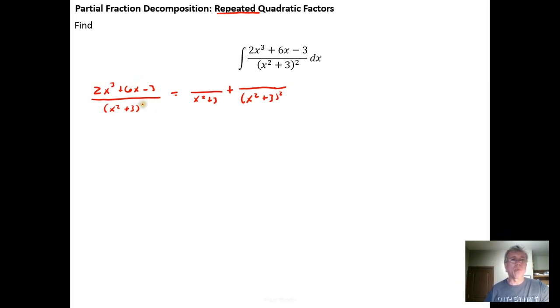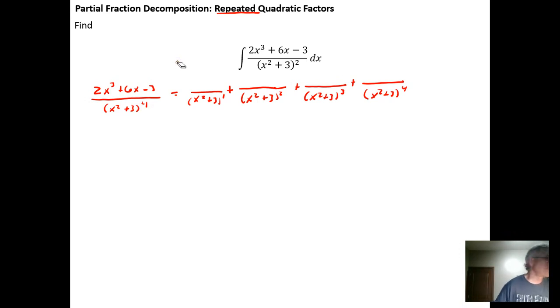If this had been a 4 instead of a 2, we would need to keep going. We would need to put plus something over x squared plus 3 cubed, and then plus something over x squared plus 3 to the 4th. So starting at an exponent of 1, you have to walk all the way up with every possible integer exponent up to the max size of the exponent right there.